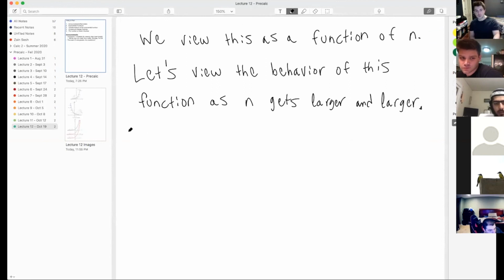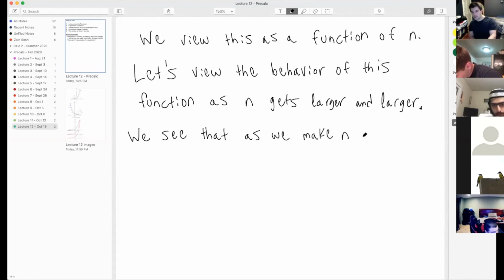We see that as we make n larger and larger, the expression, so what expression were we looking at?